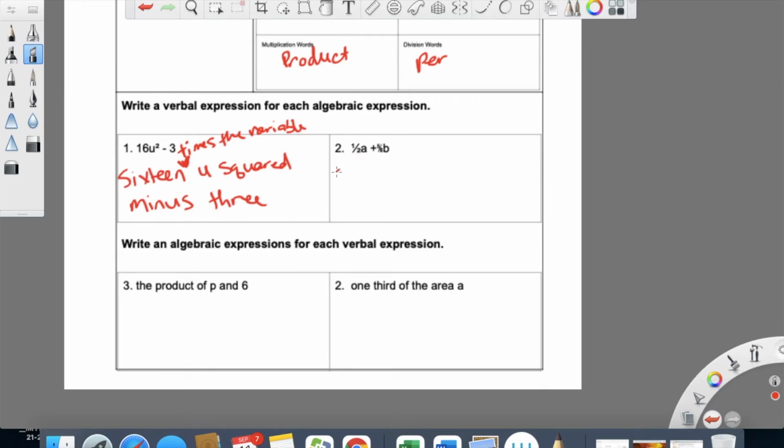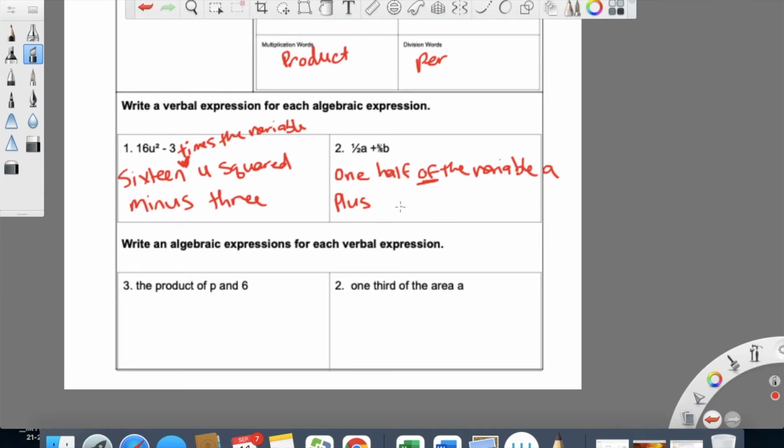So this would be 1/2, or I could say half of, but I'm going to say 1/2 of the variable a plus, because I have a plus sign here. And remember, this is telling me that I'm multiplying 1/2 and the variable a. So I've dealt with this piece here. Now I have to deal with this piece here, which I believe says 5/6.